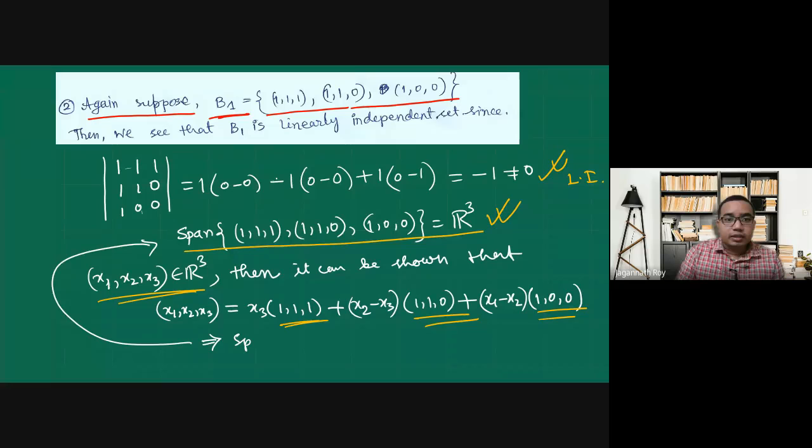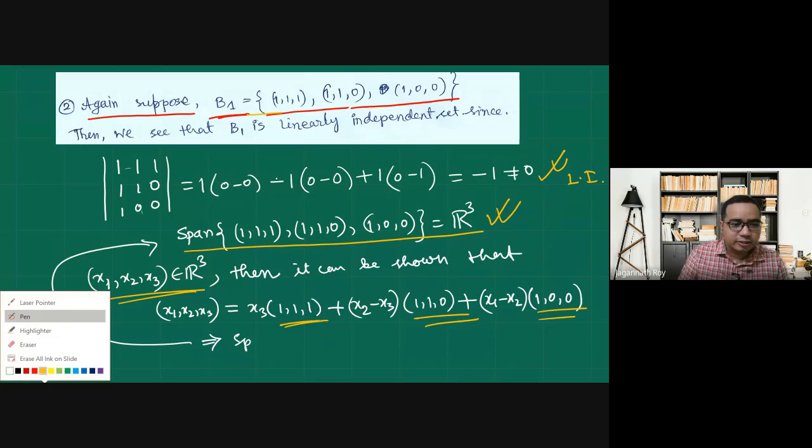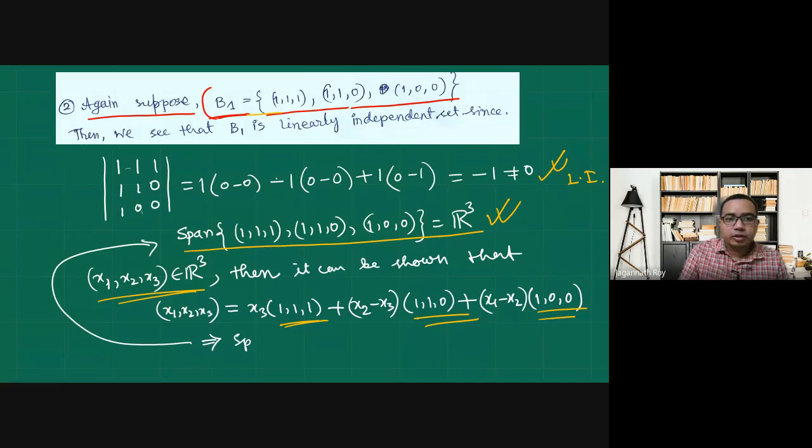So the given set V1 is actually another basis for the three-dimensional space R3.